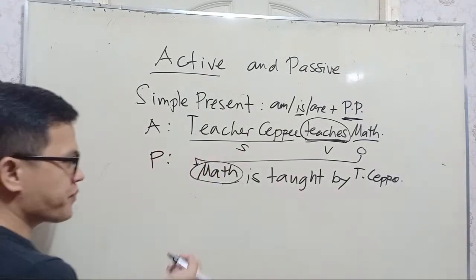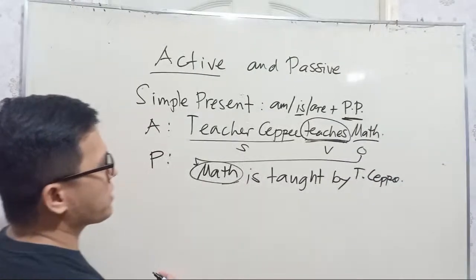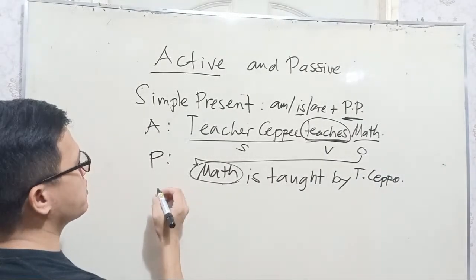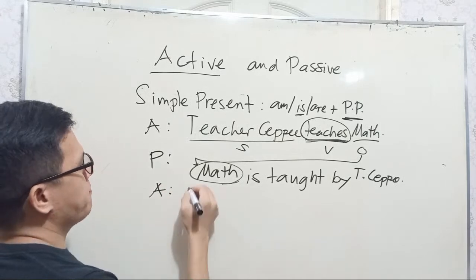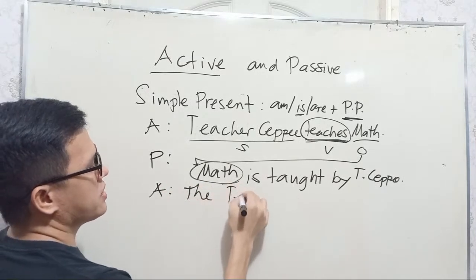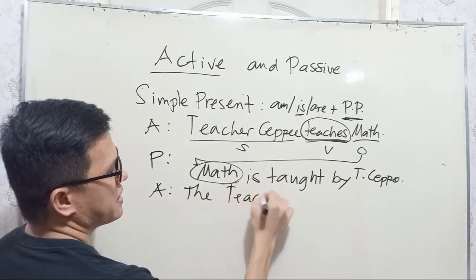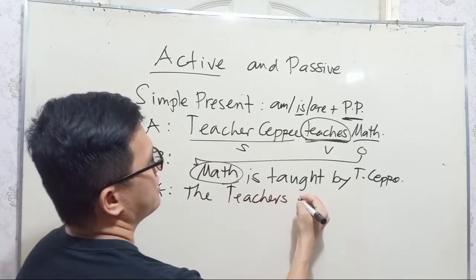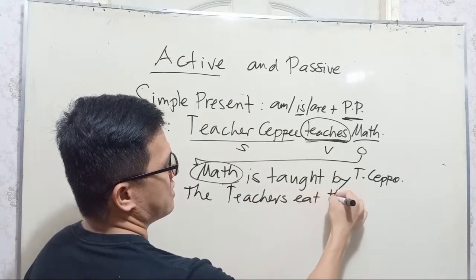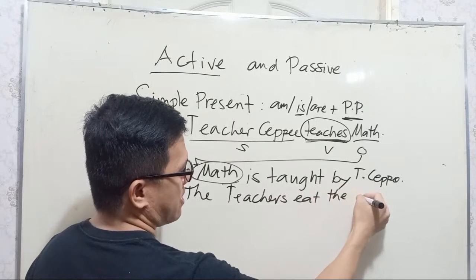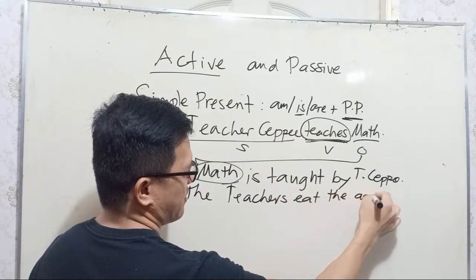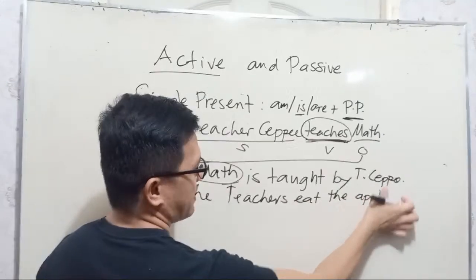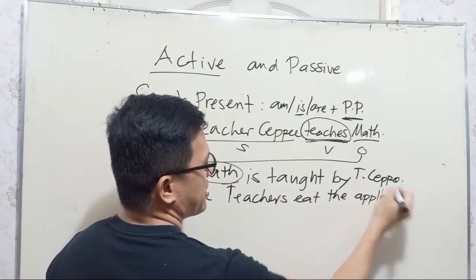What if yung object natin plural? Okay, so object natin plural, shall we say our active sentence, the teachers eat the apples. Okay, shall I say it like that? Just we're focusing on the structure.